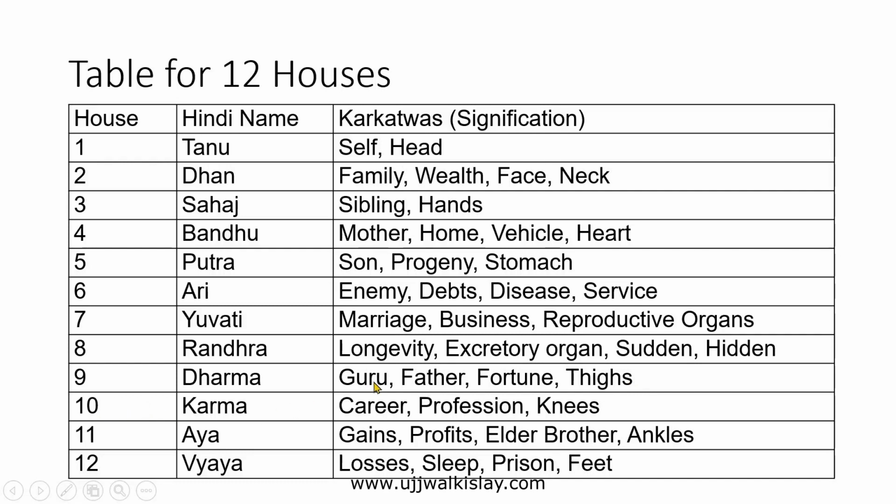The tenth house is related to career, profession, and knees. The 11th house is seen for gains, profits, elder brother, and ankles. And last but not the least, the 12th house is related to losses, sleep, prison, and feet. I hope it is clear now.